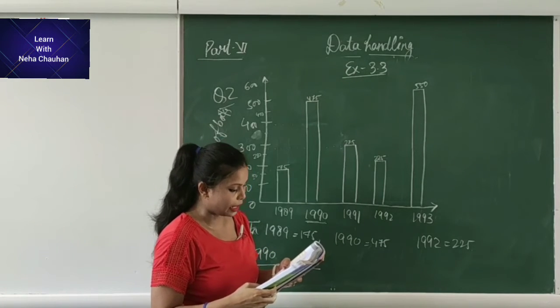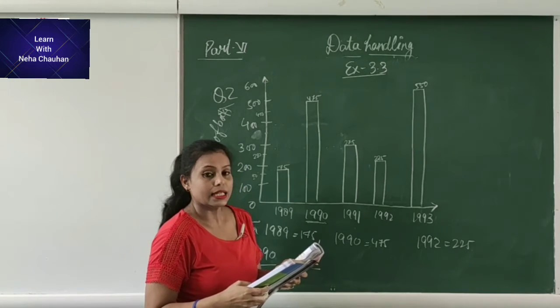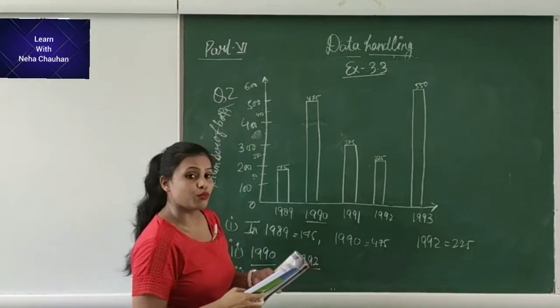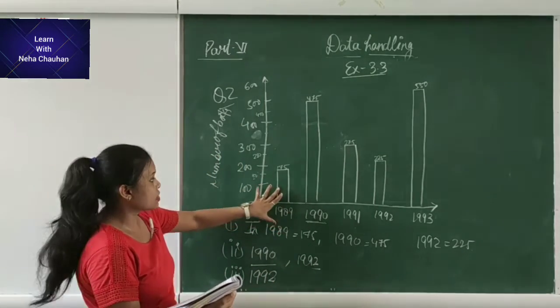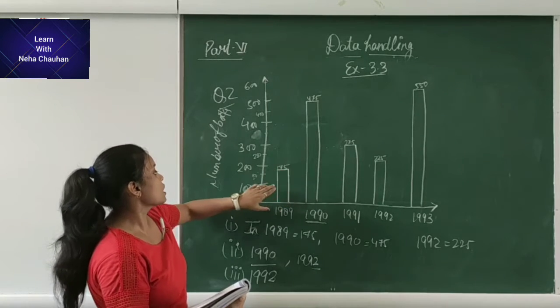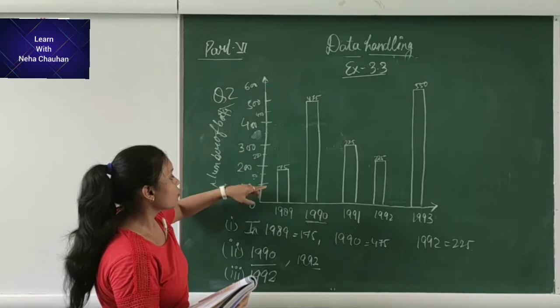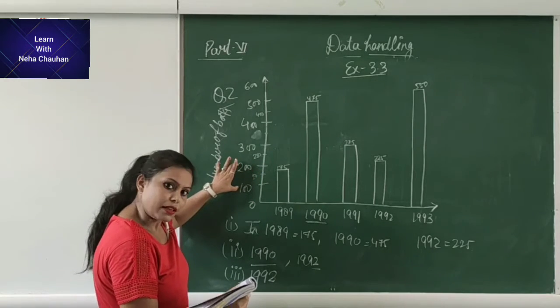Can you explain how you would estimate the number of books sold in 1989? Yes, we can estimate, because I have already told you the reason why we have taken 175 in this year, because the marking is above the half of 100 and 200, right?